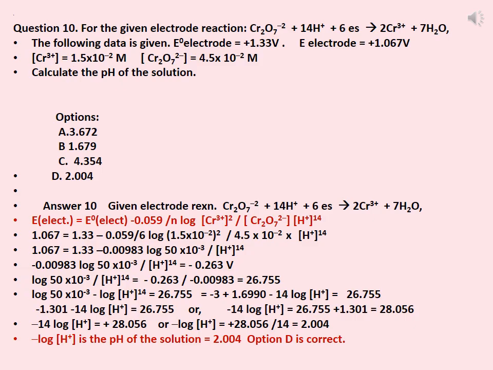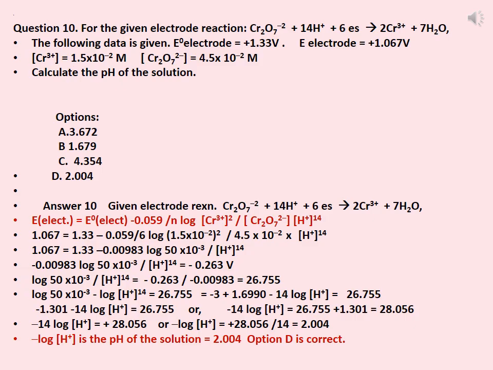So in this case, bringing 1.33 to the other side, we get minus 0.00983 log of 50 into 10 power minus 3 divided by H plus ions raised to power 14 is equal to minus 0.263 volt.